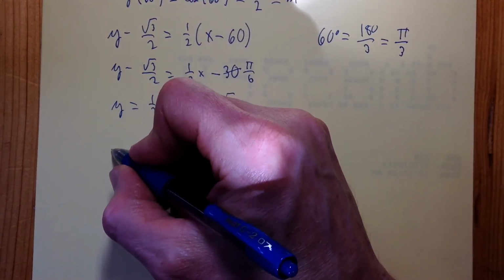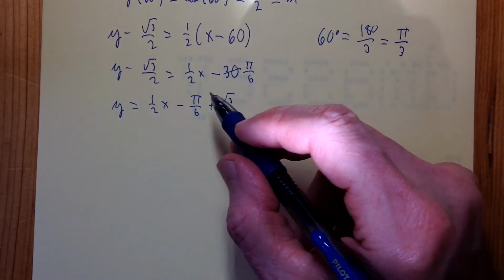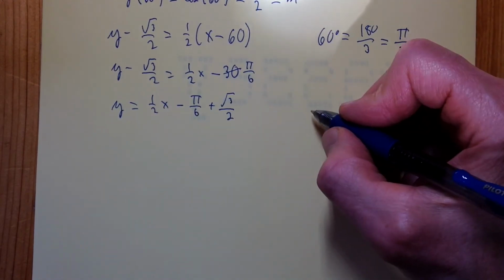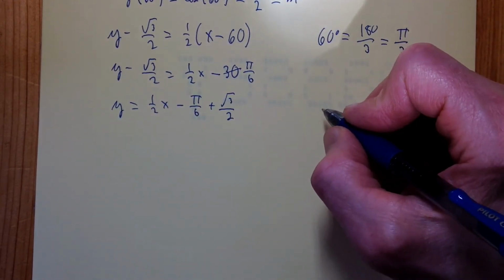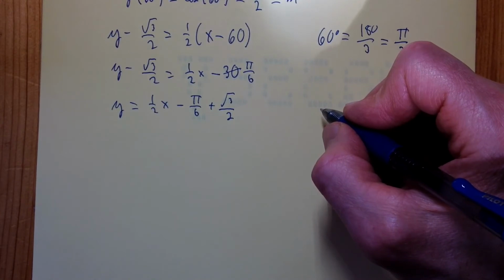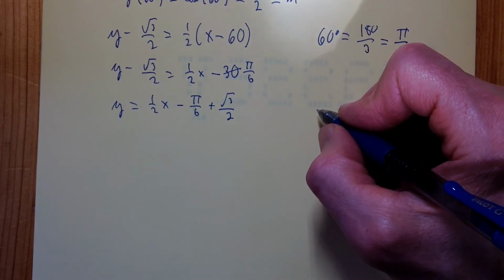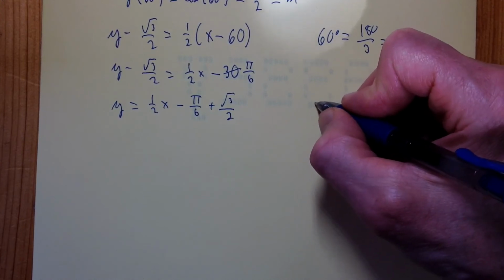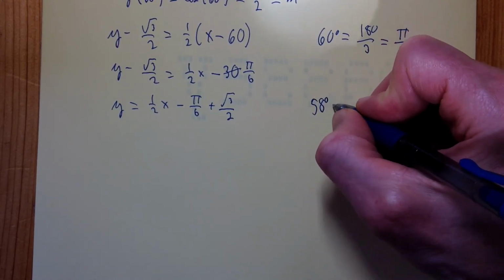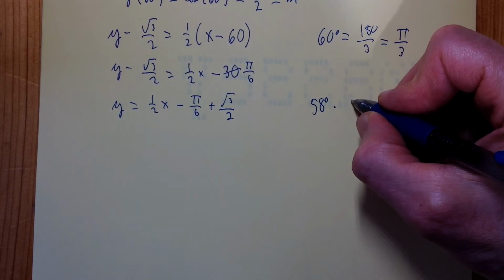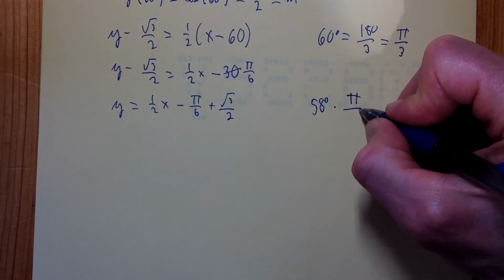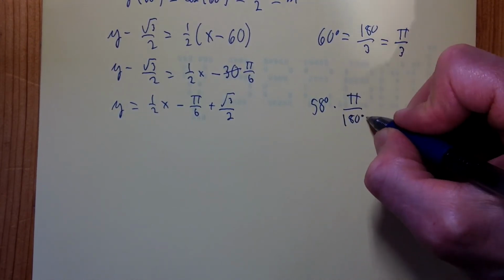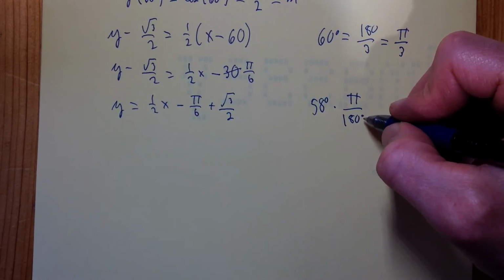So sine of 58 degrees, we plug in 58 degrees here. So here's the other tricky part. We're going to have to convert that to radians for this to work. So 58 degrees times, pi is the same as 180 degrees. So it's 58 pi divided by 180.